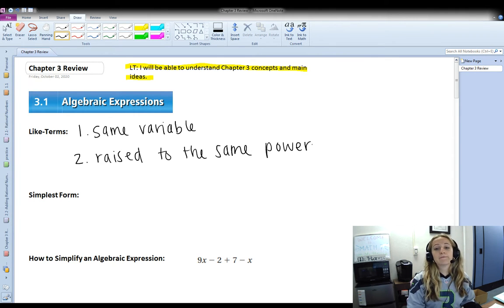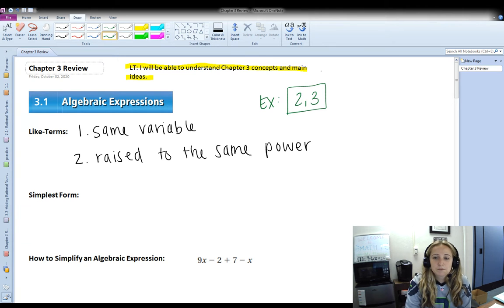Okay, so what that means is, let's do a couple examples. 2 and 3 are like terms, and that's because these are constants. Constants are numbers that do not have a variable attached to them. We call those constants. Here, I'm going to write and so that we don't think this is a point.